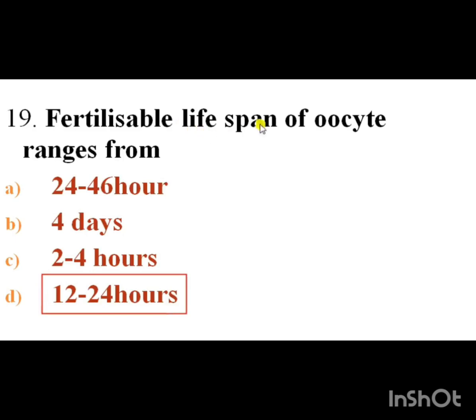So the fertilizable lifespan of oocyte is 12 to 24 hours. The fertilizable life of sperm ranges from 48 to 72 hours.